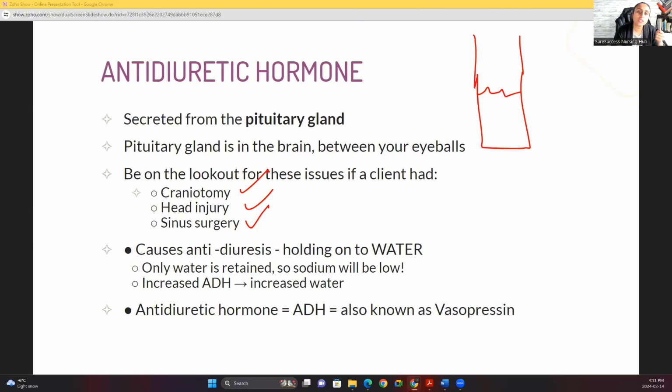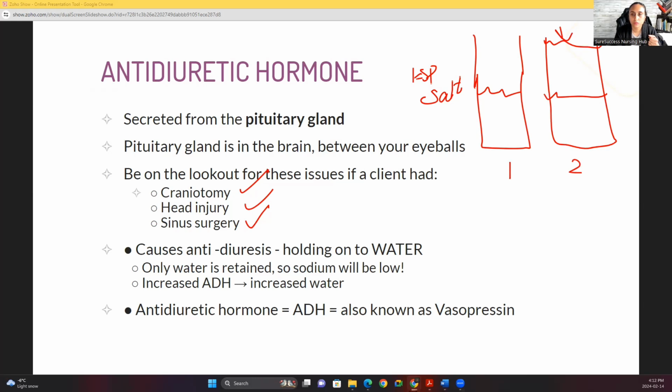I have one spoon of salt in it, so it is a little bit salty. My son came and added another glass of water to this one. So what will happen to the sodium level in glass number 2? Low.